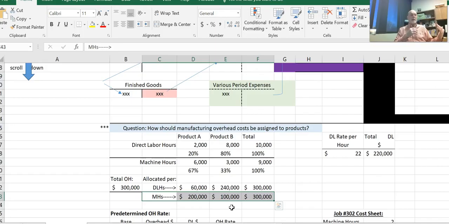So you want to pick an allocation base that does a good job of representing which product line is using more or less of your overhead.